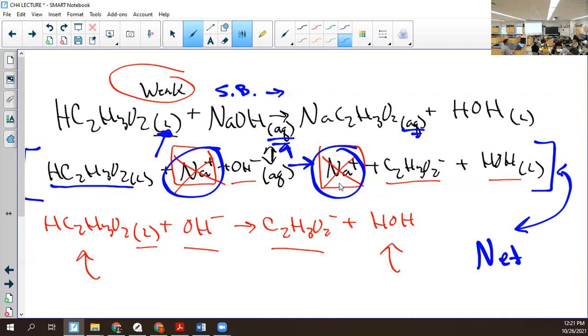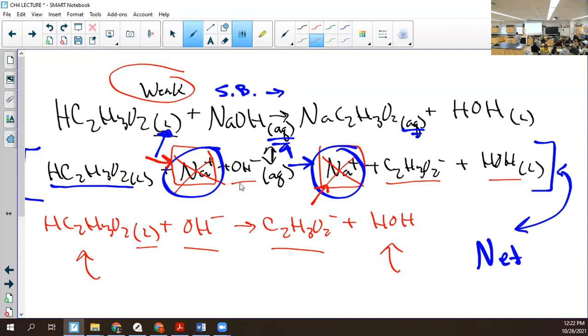It's not a strong one. That's why you got to memorize the strongs, because it could be like the weirdest words you've ever seen in your life. You're like, I don't know if that's a strong acid. Well, if it's not one you memorize, then it is a weak acid. Okay, then you really only eliminate one spectator ion, and it comes from the salt at the start.